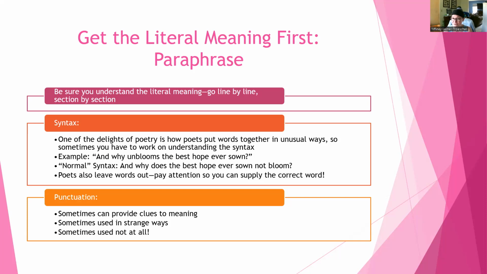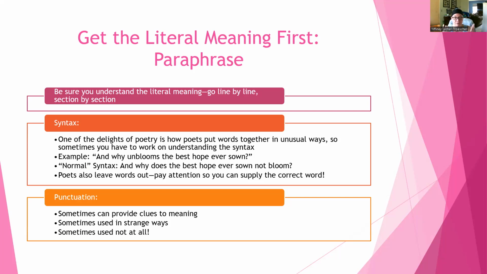That's not always there in poetry. Poets sometimes don't use punctuation at all. Sometimes it's used in very weird ways. Occasionally, though, you will have a poet that's using punctuation to actually help us understand how ideas are connected.